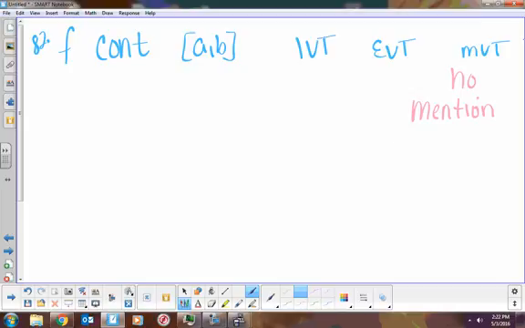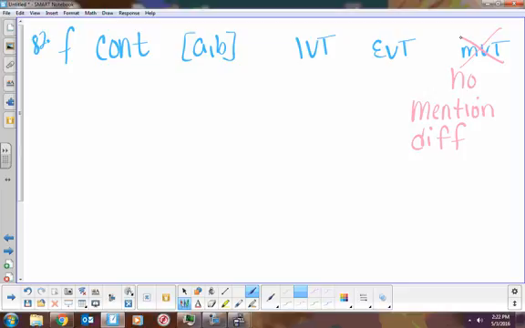All of these require continuity. There's only one that requires differentiable. Which one is it? MVT. So since they did not mention differentiability, we take that off the table. So you're either looking for intermediate value theorem or extreme value theorem.